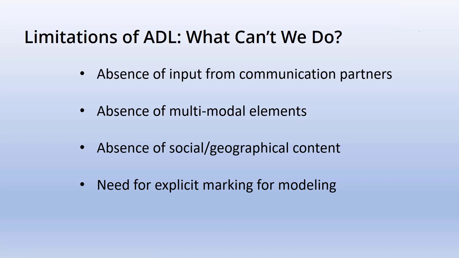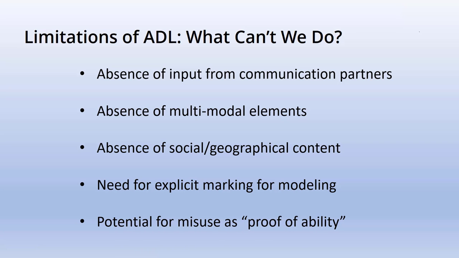And there's also a need for explicitly marking modeling when that takes place. And there's also the potential to misuse this as proof of ability, or in some cases proof of inability. So if you're evaluating someone and using log data, you have to be very wary about what you're seeing there and how you interpret it.